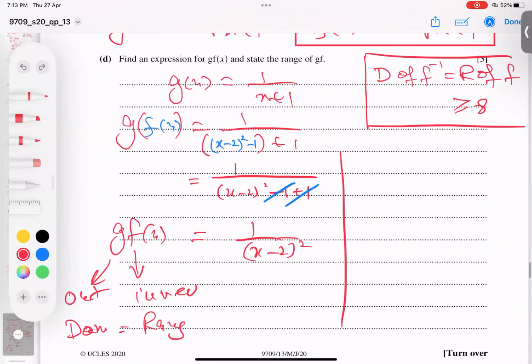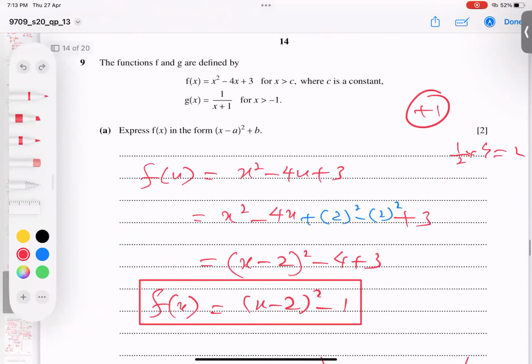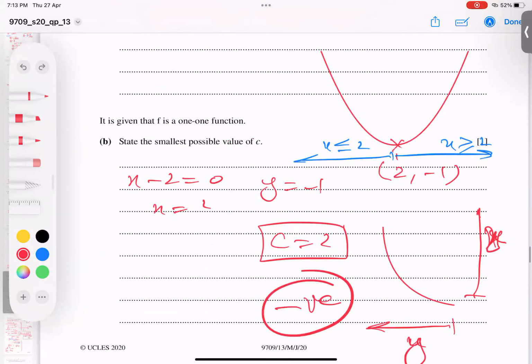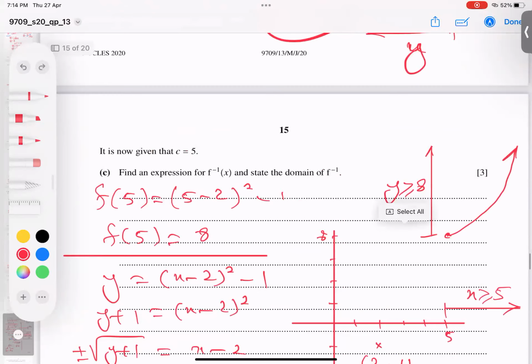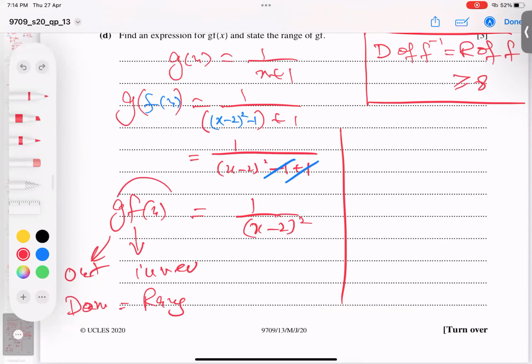So when I plug in, first of all, you plug in the inner function, which is function f. First of all, I will put this domain. What is the domain, student? 5. I plug 5 in f of x, sorry, because the inner function goes first. When I plug 5 inside, what happens?